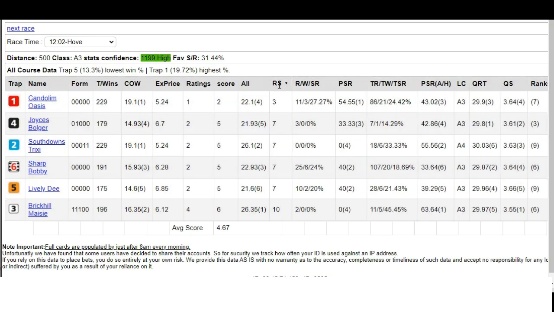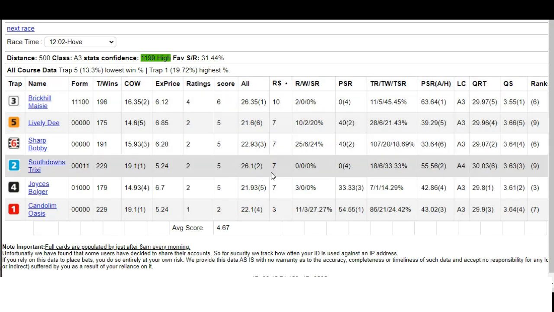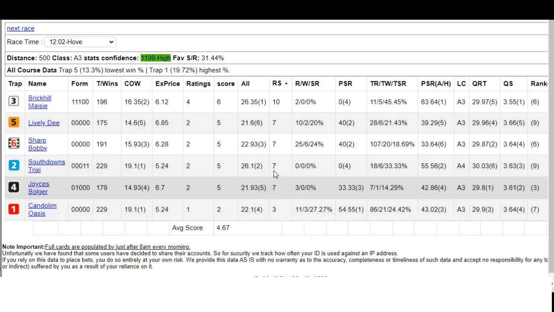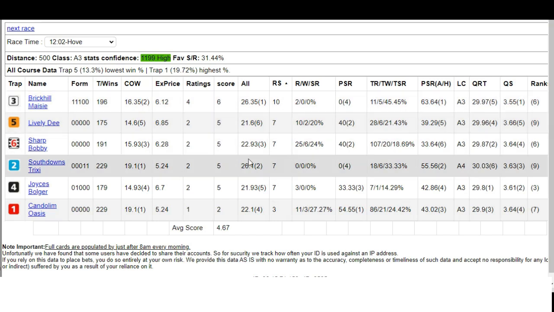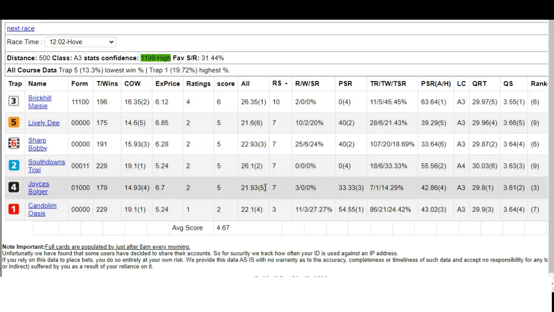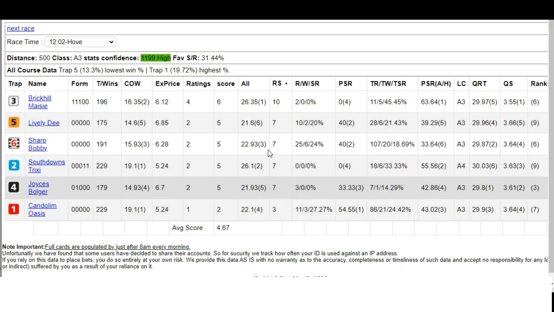You could use the top 4 in the RS column, but often in the RS column you have to make a decision on which runner to use, because like here you've got 4 7s, so you probably want to only use races where it's very clear what the top 4 are, and you wouldn't have to make choices. So if that one was 6, we know that we'd just be on those, but because it's 7 we have to decide, would we use this one as well. So there are a couple of things.